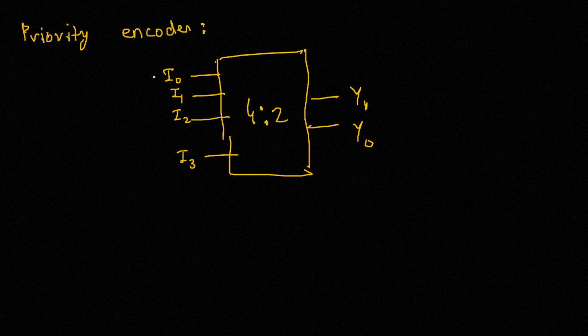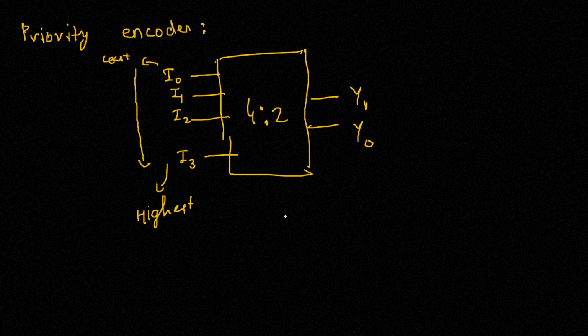Basically what we need to know is the priority of each of these inputs goes from lower to higher as we go down. So I0 has the least priority and I3 has the highest priority.